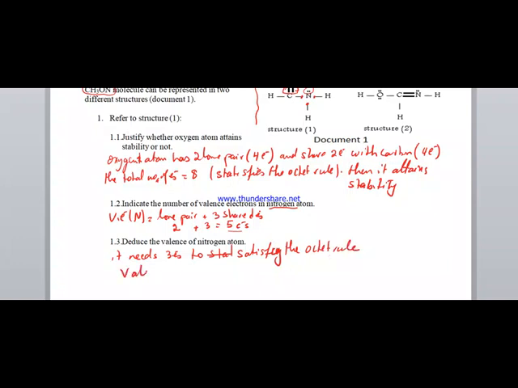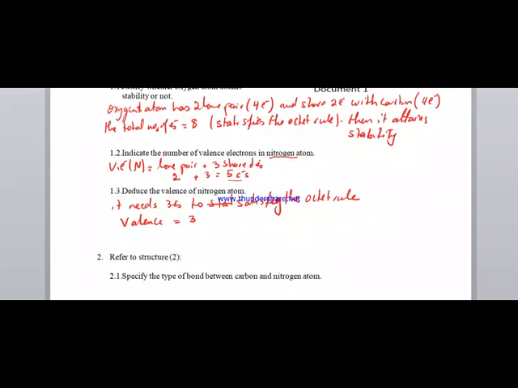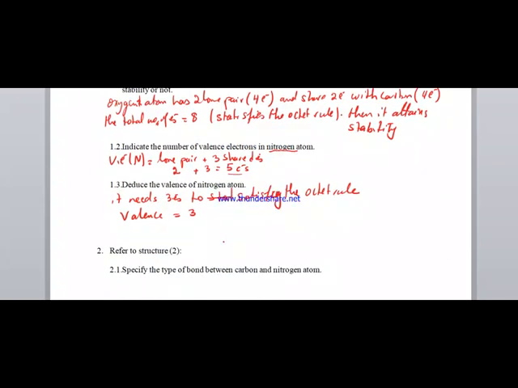So the valence is equal to 3. We have 5 valence electrons. In order to become stable with the octet rule with 8 electrons, it needs 3 more electrons. Or we can write the Lewis dot symbol of nitrogen. Nitrogen has 5 valence electrons, so the number of single dot electrons is equal to 3. So the valence is equal to 3.